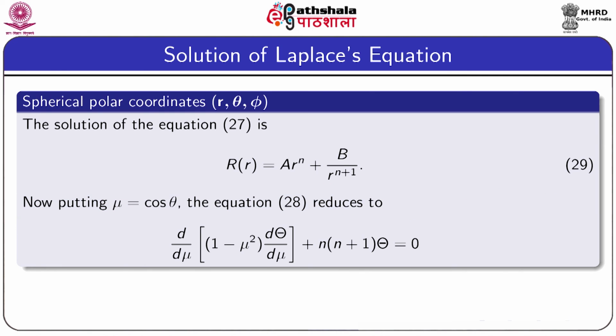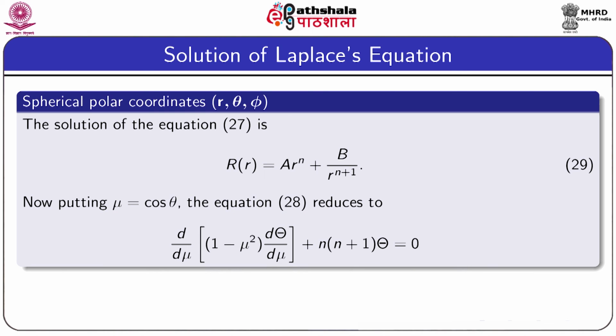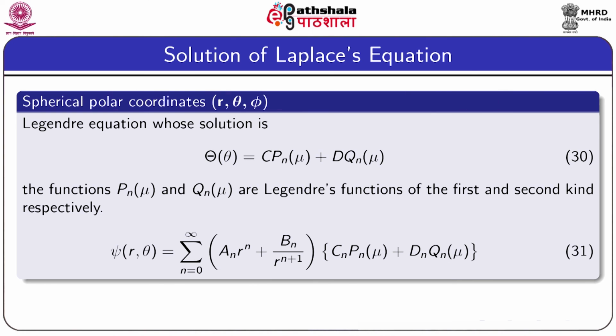Taking mu as the independent variable, equation 27 reduces to the form written here: d d mu of 1 minus mu square d theta d mu plus n into n plus 1 into theta equals 0. This is the famous Legendre equation, and we know the solution of the Legendre equation is given by Legendre functions or Legendre polynomials. So, the solution is written in equation number 29. This is a linear combination of Legendre functions of the first kind and second kind.